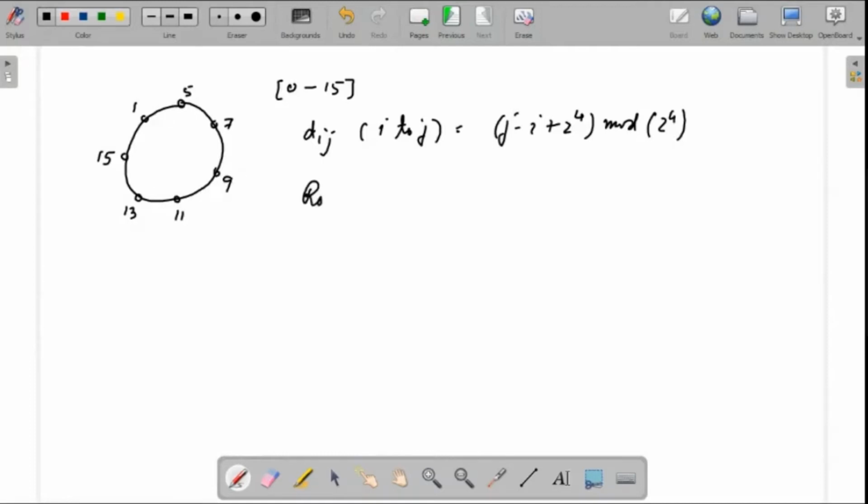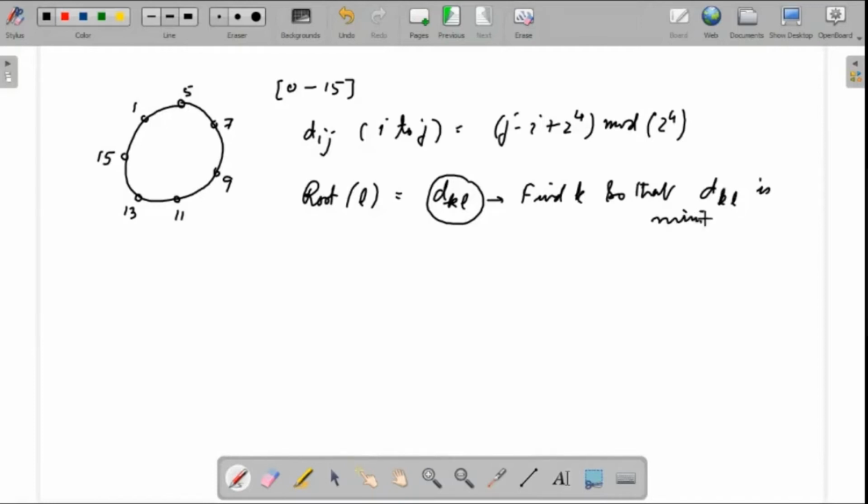And the root node of a hash ID l will be the k for which d of kl is minimized. Find k so that d of kl is minimum. That k will be the root node. So the root node of this will be k.